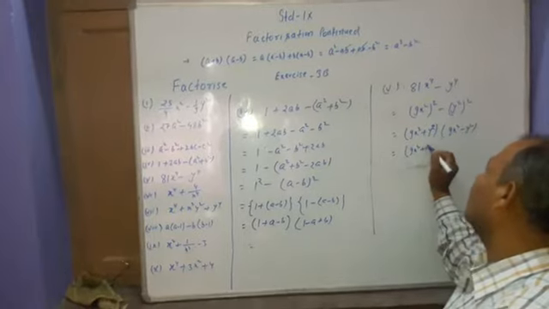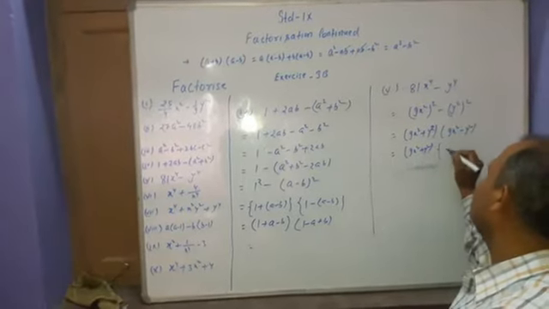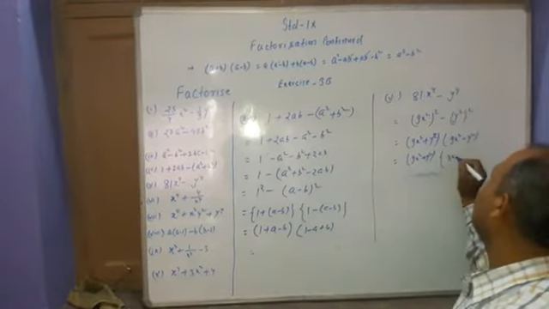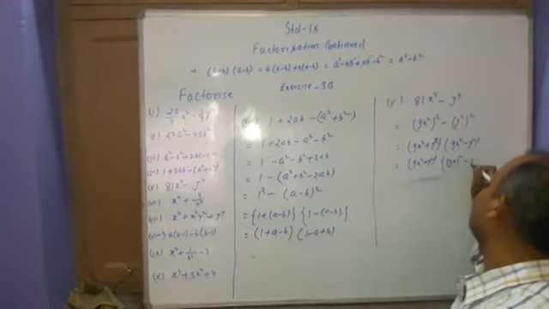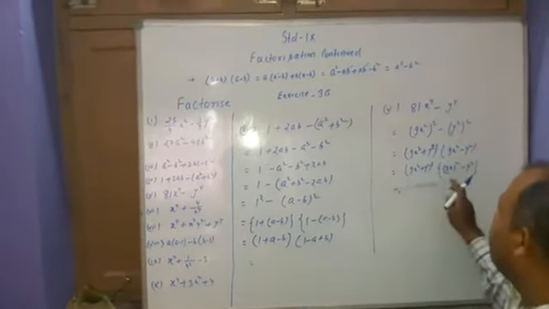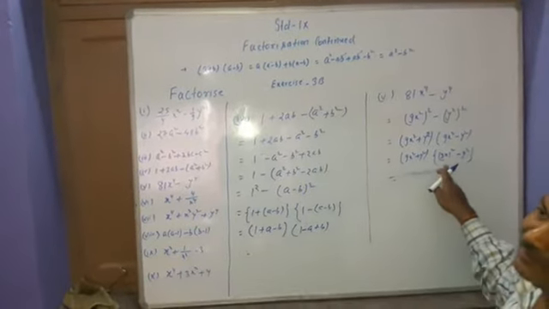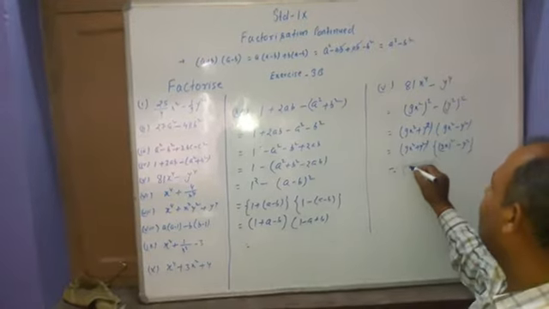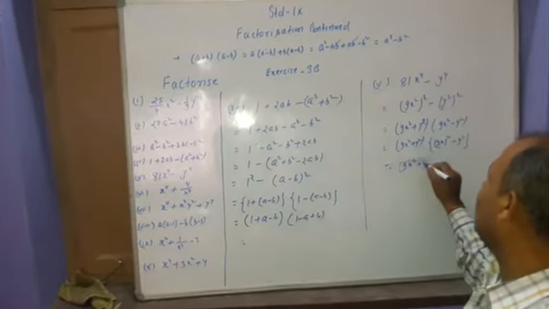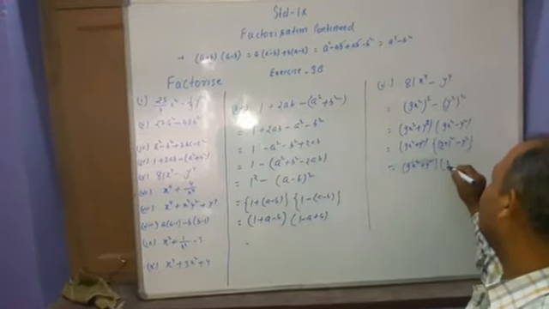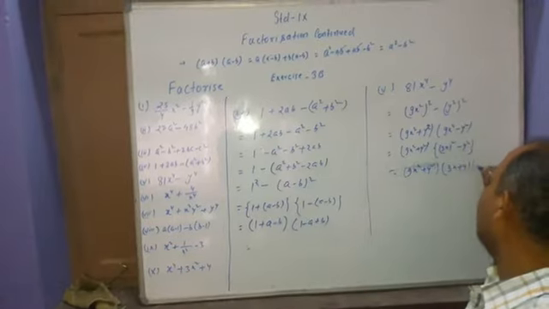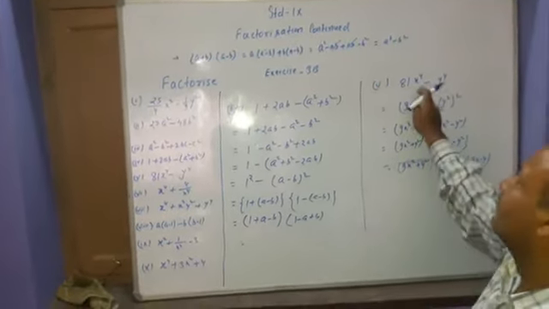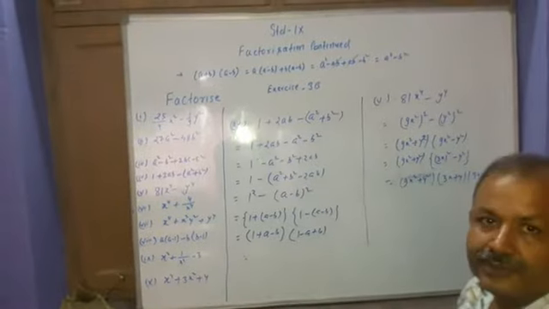Now 9x square minus y square may be written as the square of 3x minus the square of y. Again it is of the form a square minus b square, and therefore we write a plus b, a minus b: (3x plus y) and (3x minus y). So the factorization is (9x square plus y square)(3x plus y)(3x minus y). This will be the factorization of this expression.